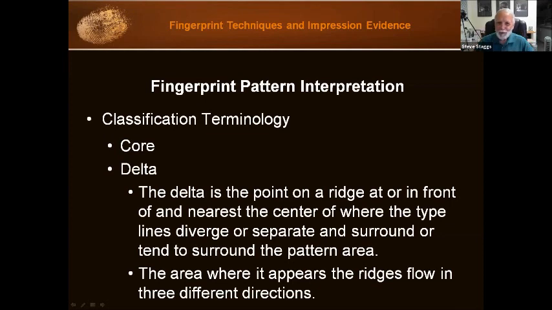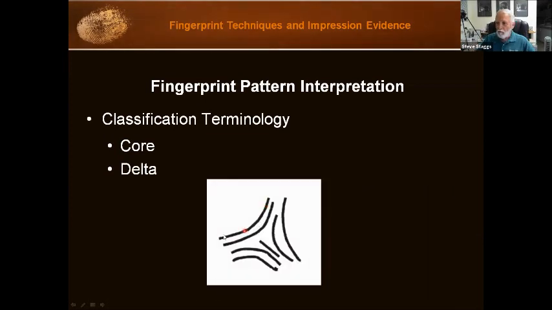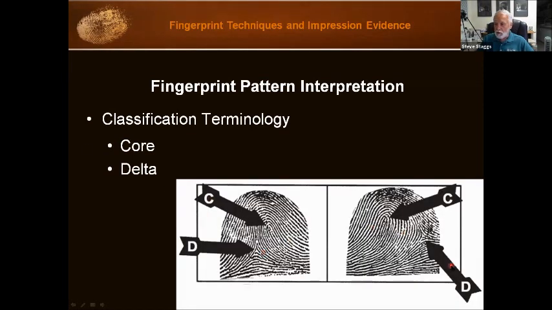That's easier to remember and understand. Here we have ridges that are flowing in 3 different directions in one spot. You have them going this way and that way and that way. So that would be a simplified drawing of what a delta may look like. Here is a couple of illustrations, and the C's are cores.